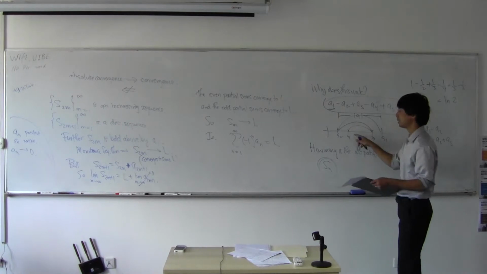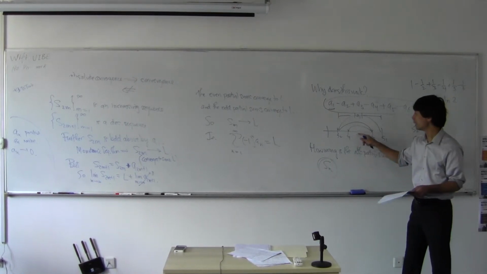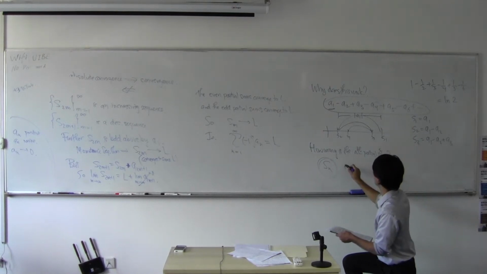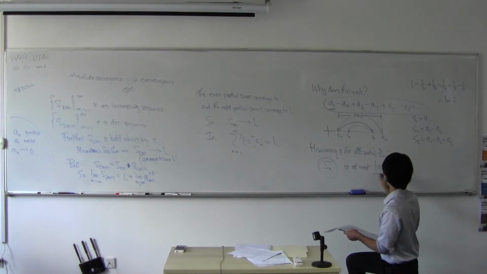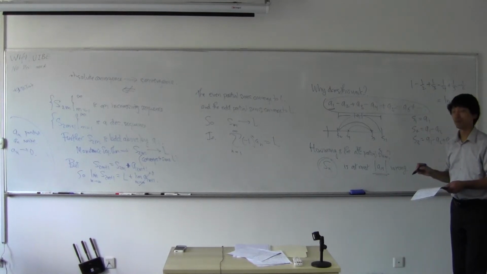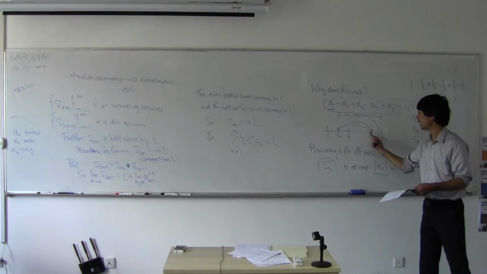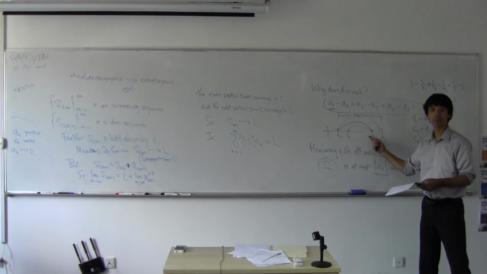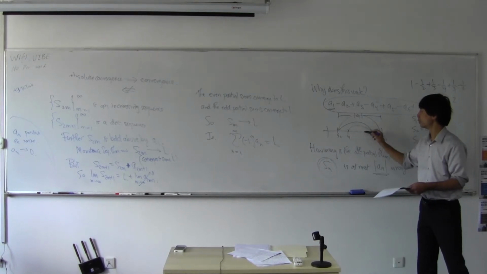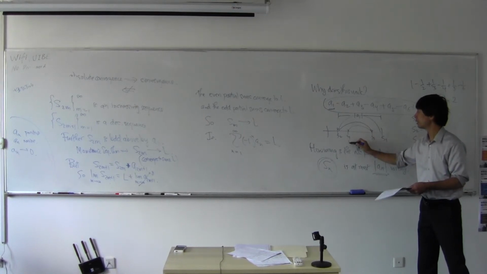Distance between here and here is the absolute value of A3. And you see that S_n is at most absolute value of A_n wrong, right? Because the real answer is going to lie between these last two guys. Here's S3, S4. The real answer lies somewhere between S3 and S4. And the distance between them is the absolute value of A4.